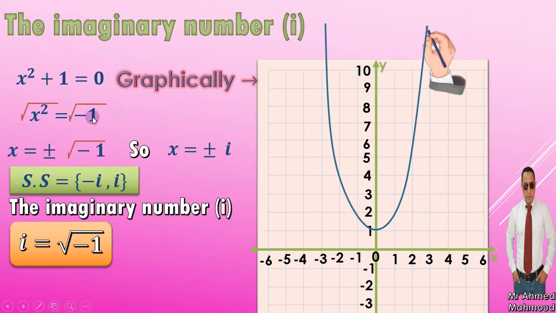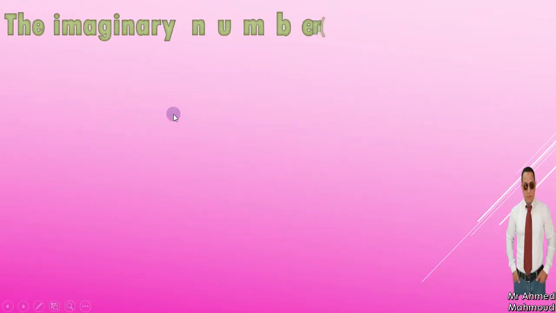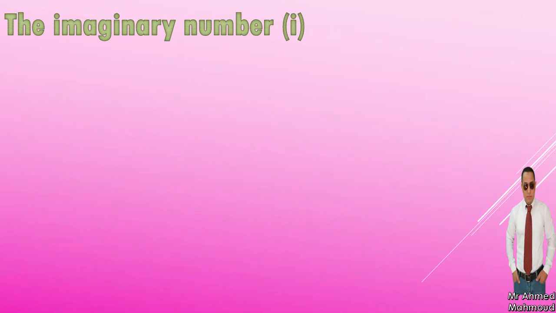And because root negative 1 is meaningless in the real numbers, there is no solution in the real numbers, we imagined that root negative 1 equals I. Then we now have a solution for this equation. Okay, back to the imaginary number I.